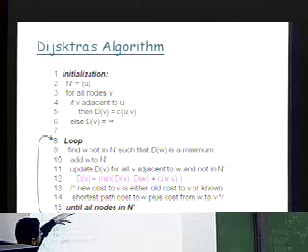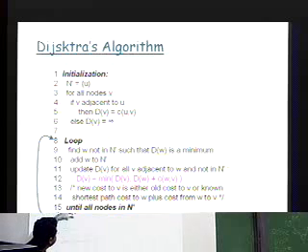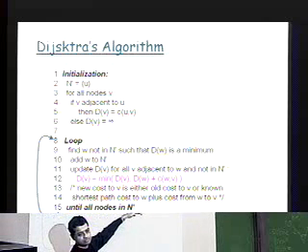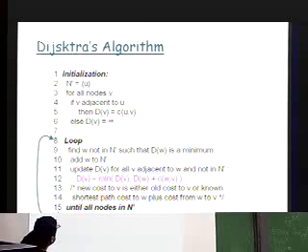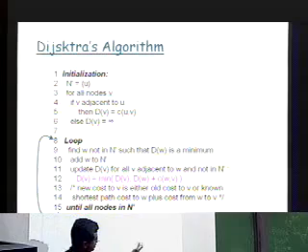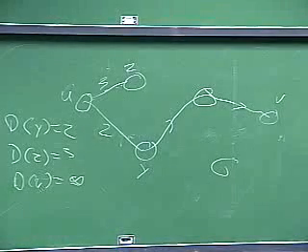Now what you do is, you find a node W which is not in your n prime. So n prime, remember, initially it's just the node itself. Find a node such that the distance D of W is a minimum. So in this example, that node would be Y, because the distance is the minimum. The distance to Y is 2, distance to Z is 3.